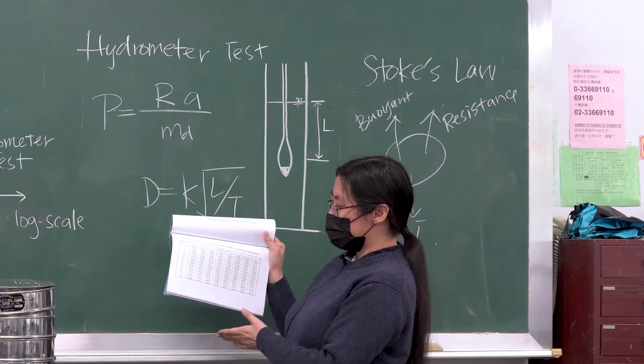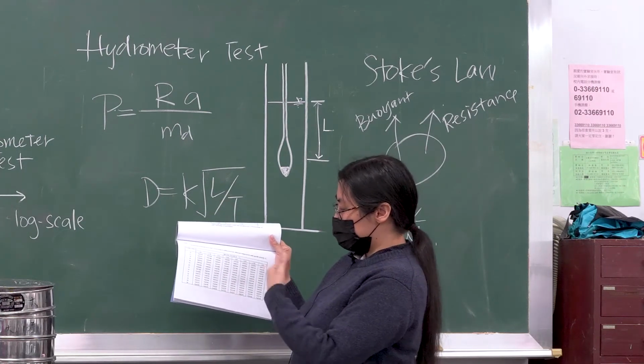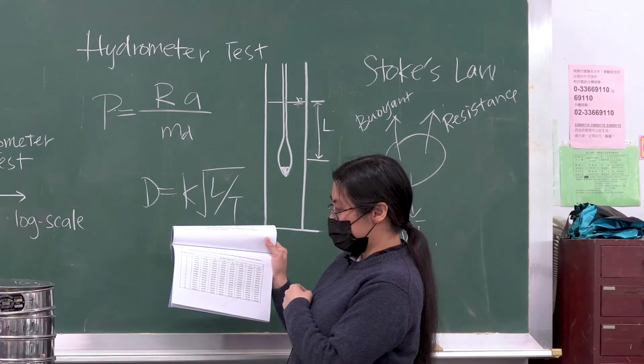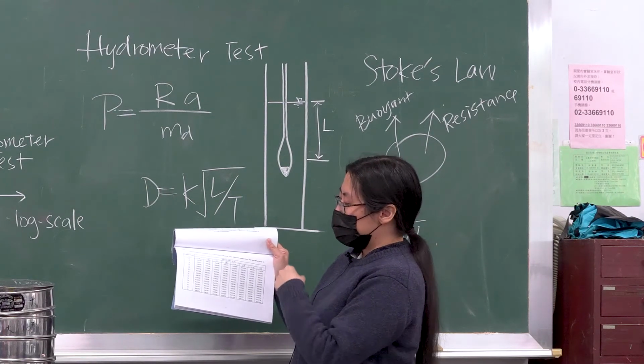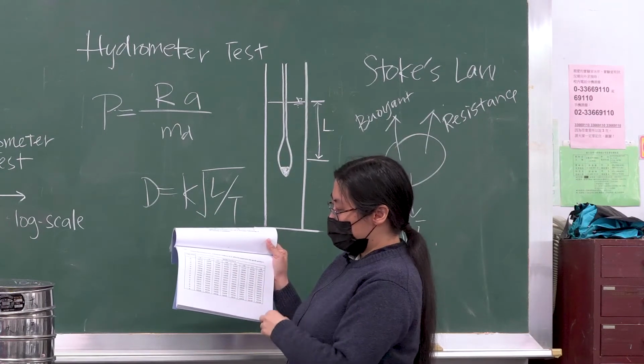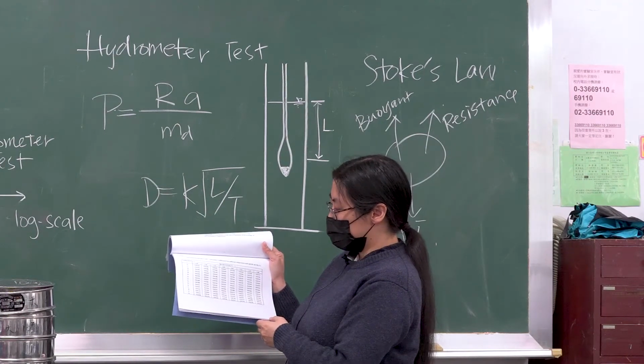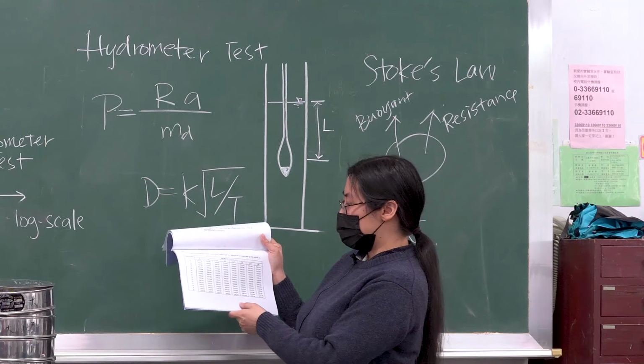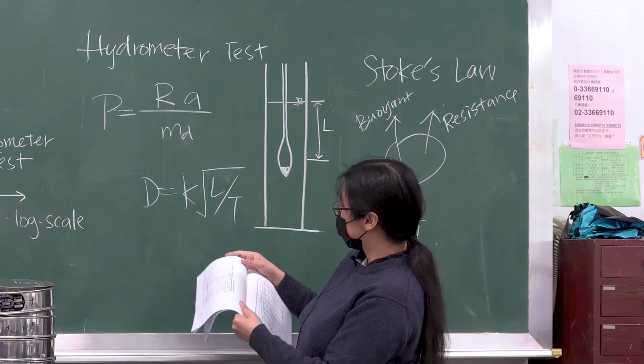So all you need to do is first, through the second test, determine the specific gravity, and then we will also record and measure the temperature. Based on those two pieces of information, we will be able to determine the appropriate correction factor K.